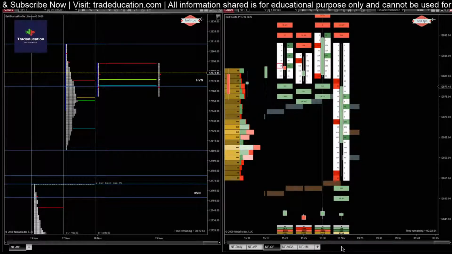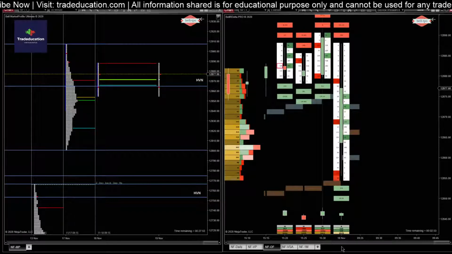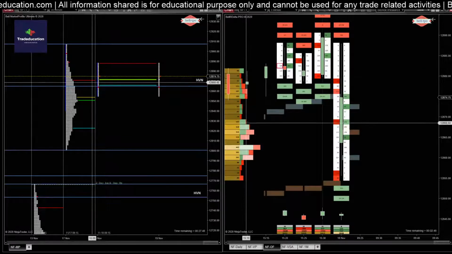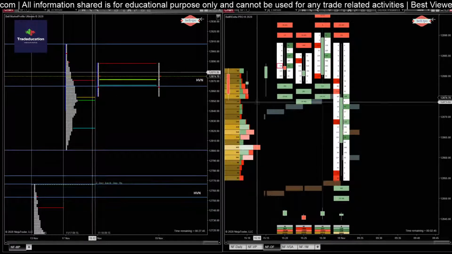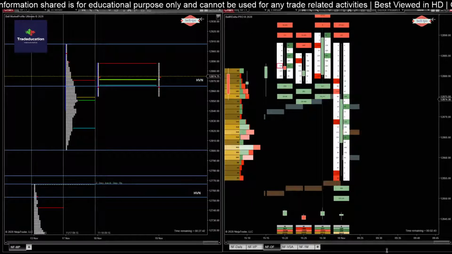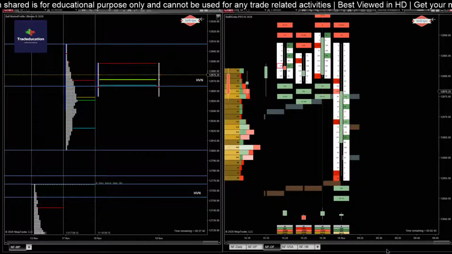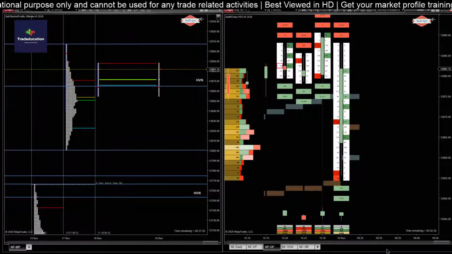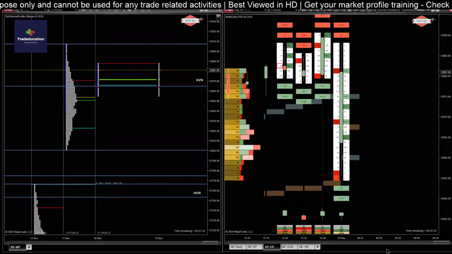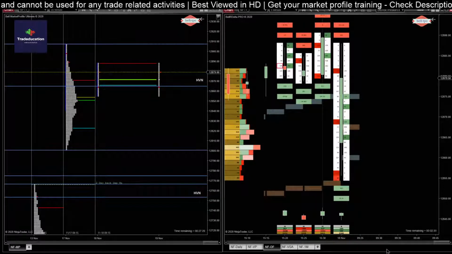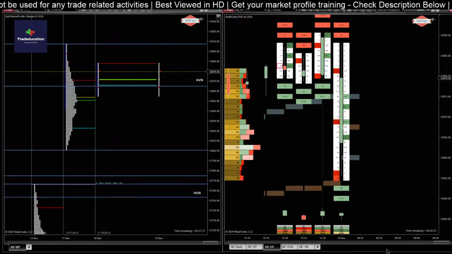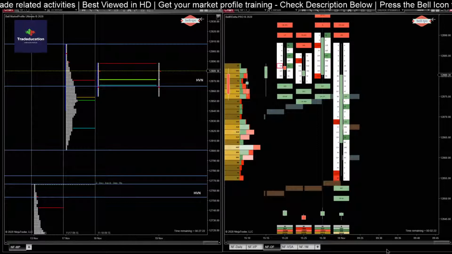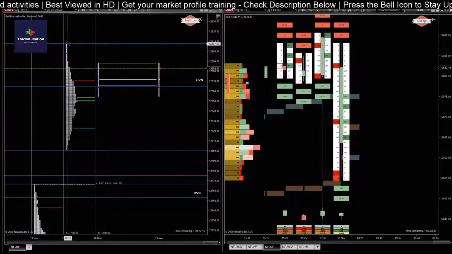Just 2,800 contracts traded. Sort of a double distribution seen on the order flow chart, the current 5-minute candle. If the high gets tagged today, then odds are higher that it will also tag yesterday's high.